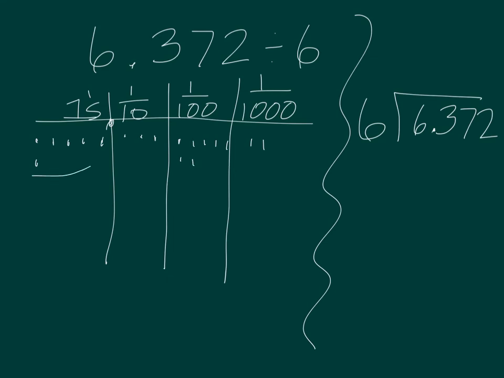Well, I have 6 here, so I can make 1 group. Okay, but in my tenths place, I have 3 here. I can't make any groups at all. Can't make any groups of tenths.